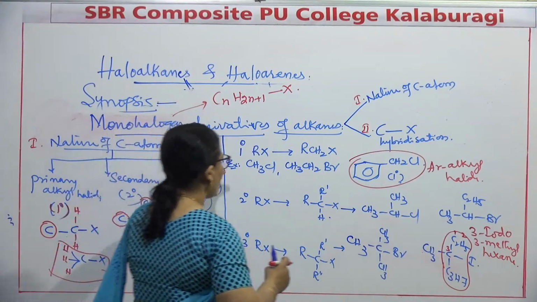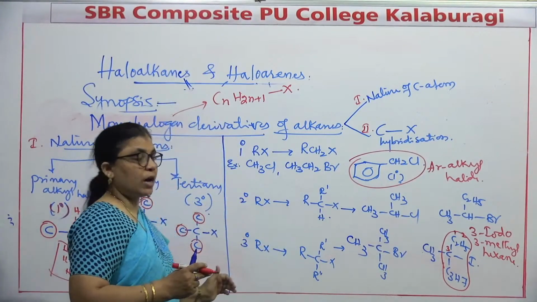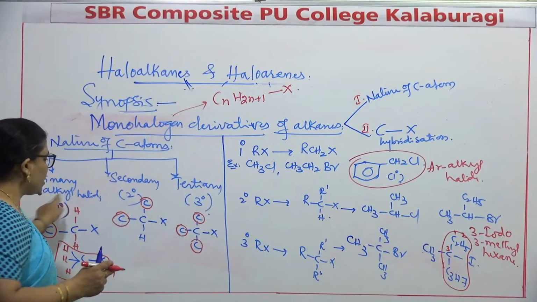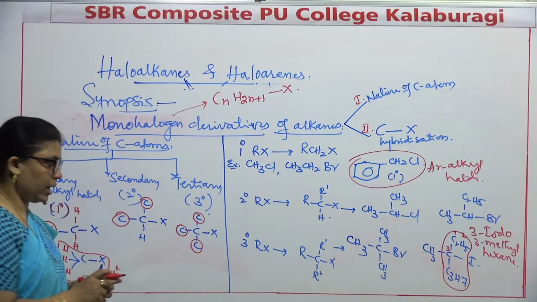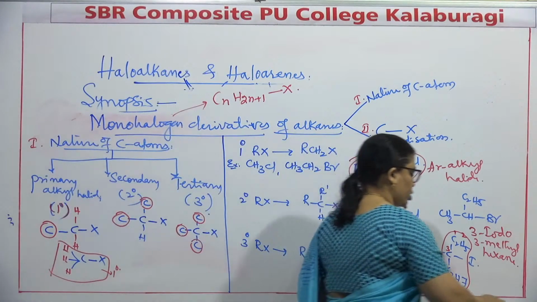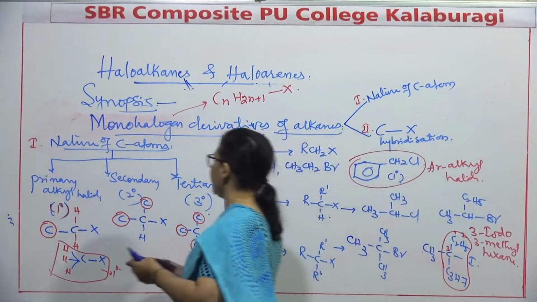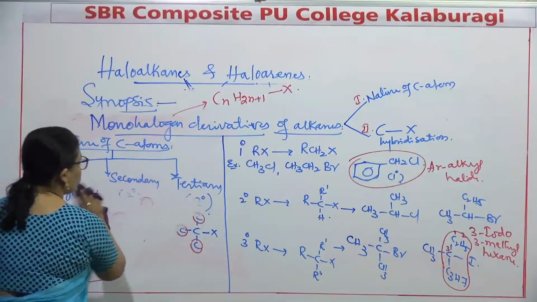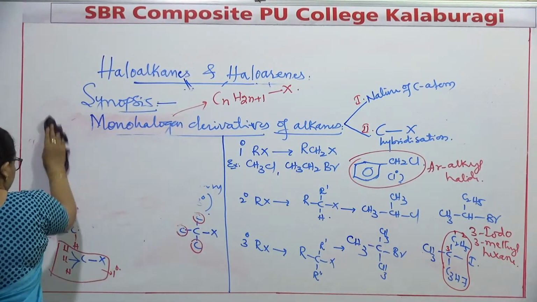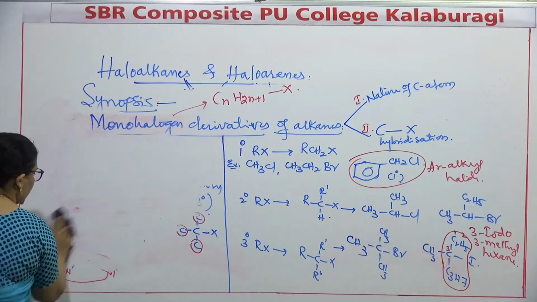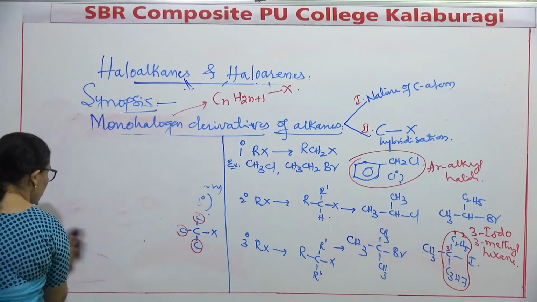So on the basis of nature of carbon atom, they are classified as primary alkyl halide, secondary alkyl halide, and tertiary alkyl halide. Before going to the next classification, I'll show you when to call normal, iso, neo, tertiary, secondary, how to identify. This is the most important part, children.